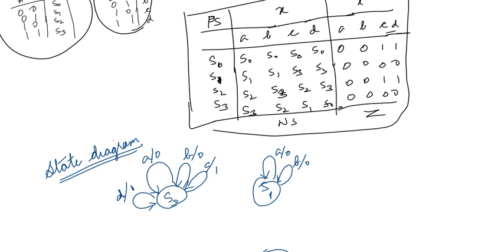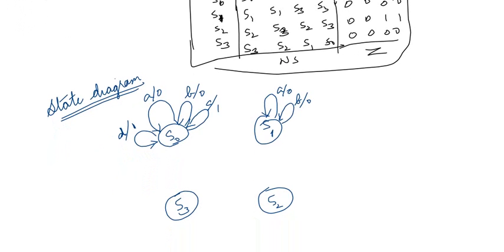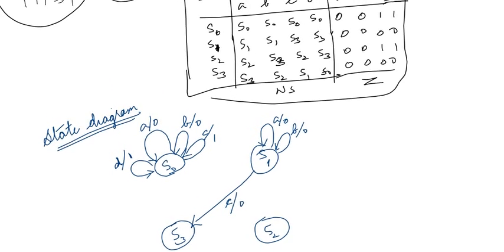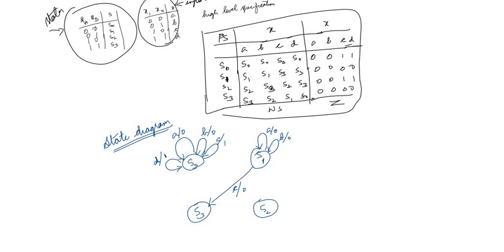Now we come here. We are in which state? We are in S1. When the input is C, we go to the state S3 with the output 0. See here, we are in the state S1, when the input is C, we go to the state S3.